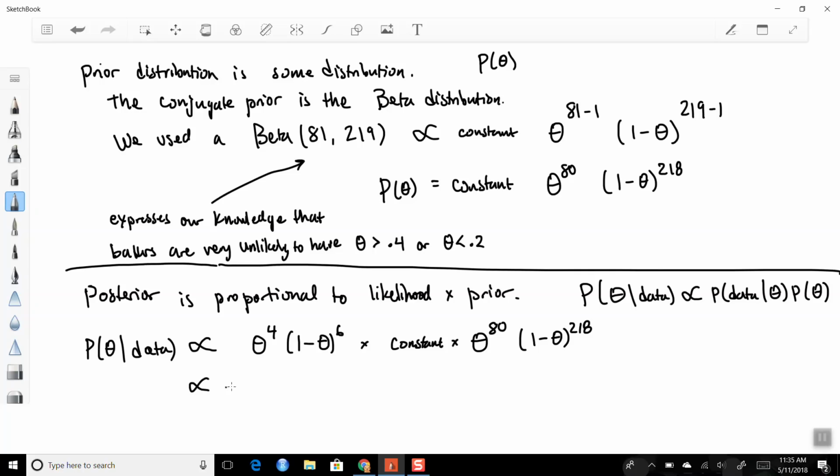Because I've got the proportional thing, I can just ignore the constant. And I can say we're proportional to theta to the 84 times 1 minus theta to the 224. Okay? This is what we have.